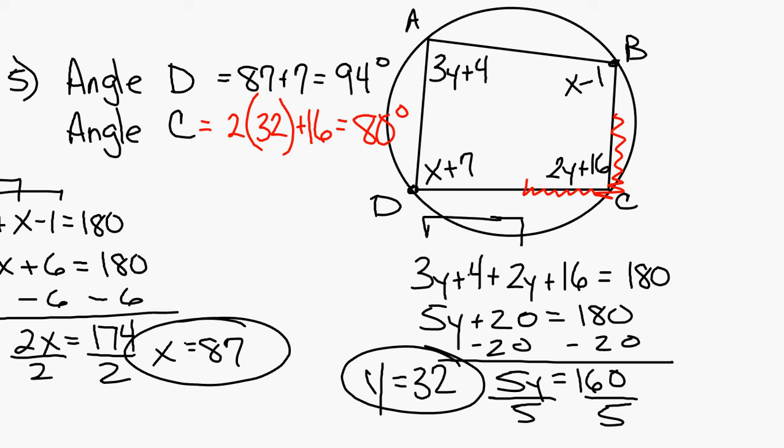All right, you got 7, 8, 9, and 10. Number 7, angle A. So that's the measure of angle A. Number 8, measure of arc AB.